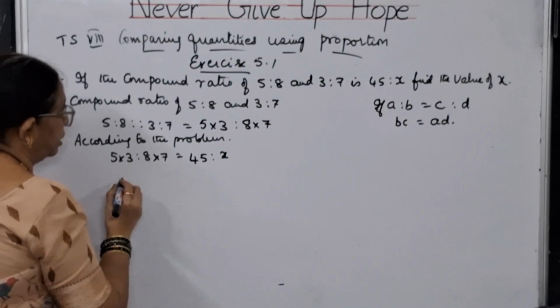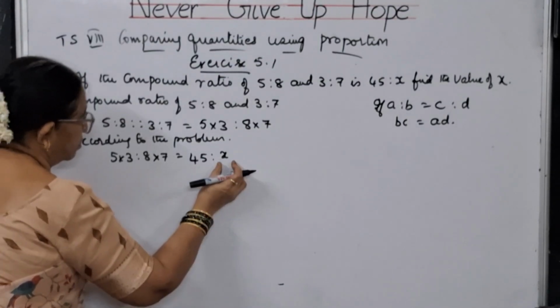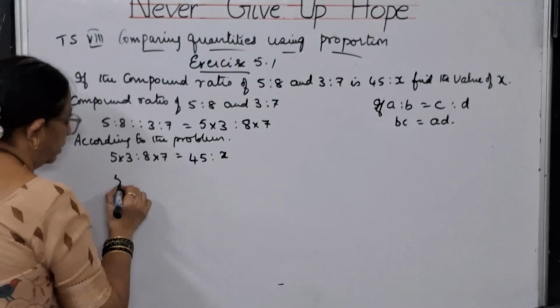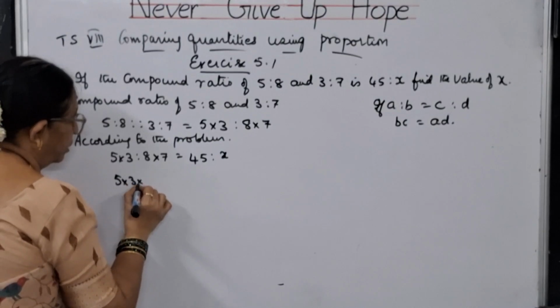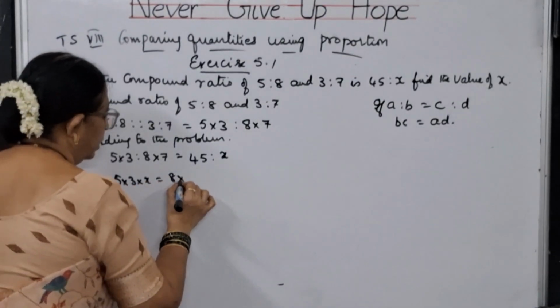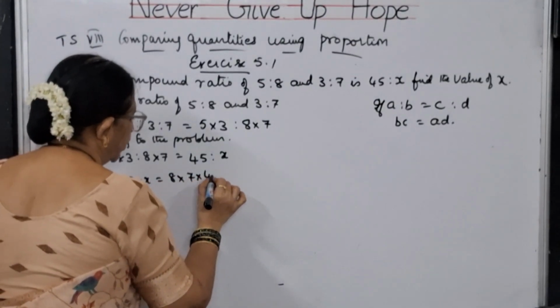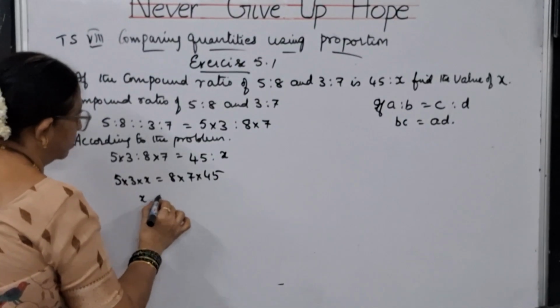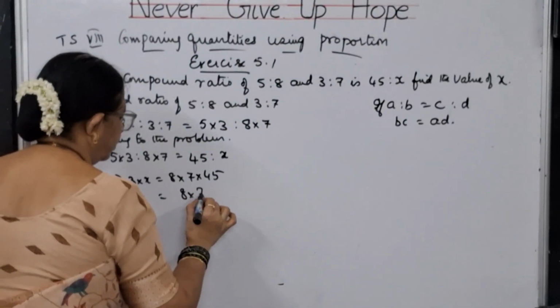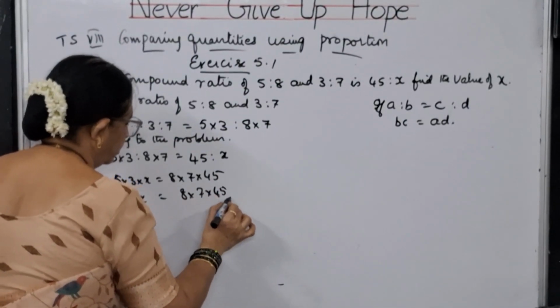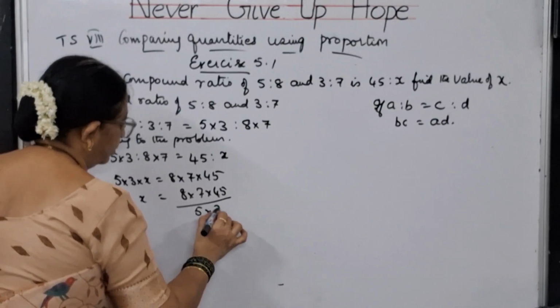So product of means and extremes. First I will take extremes because you have got x here. So 5 into 3 into x is equal to 8 into 7 into 45. So what is x? 8 into 7 into 45 by 5 into 3.